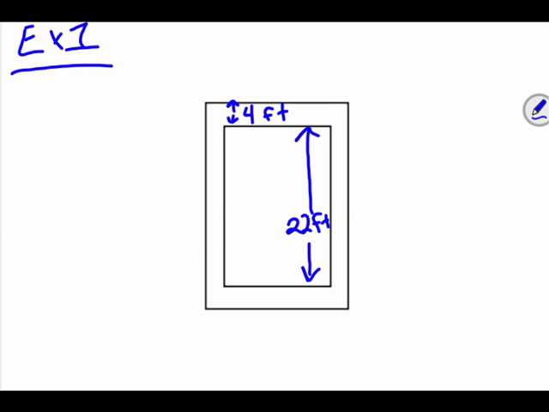And then from here to here, 16 feet. And what they're saying is they want to know how much edging they need to place on the outside path.